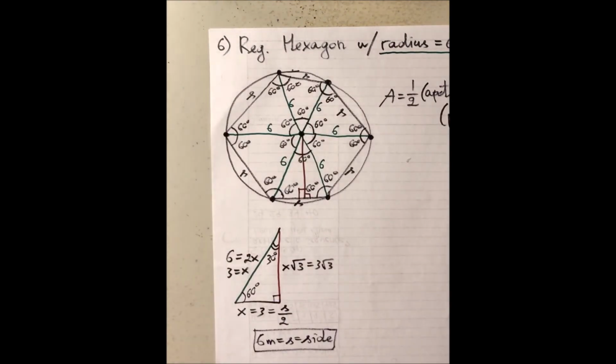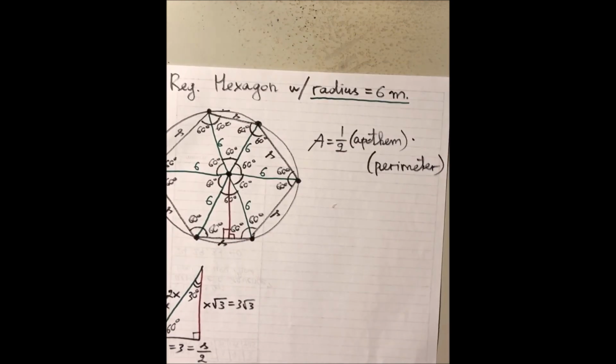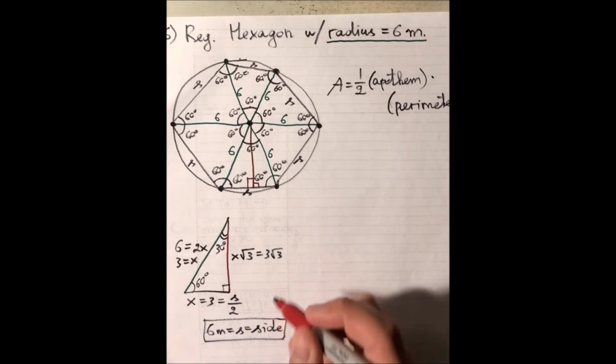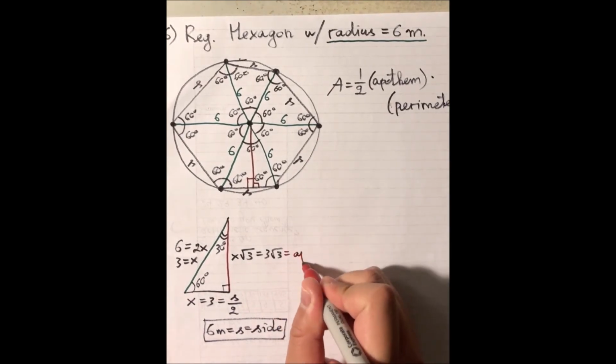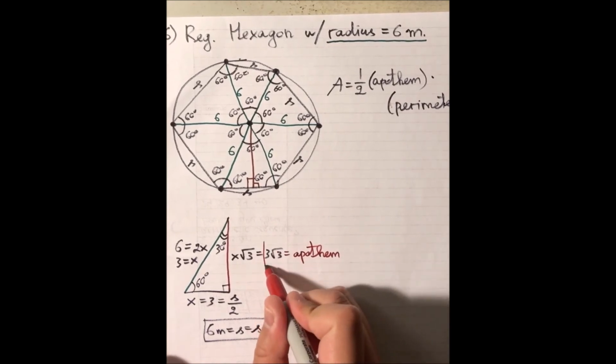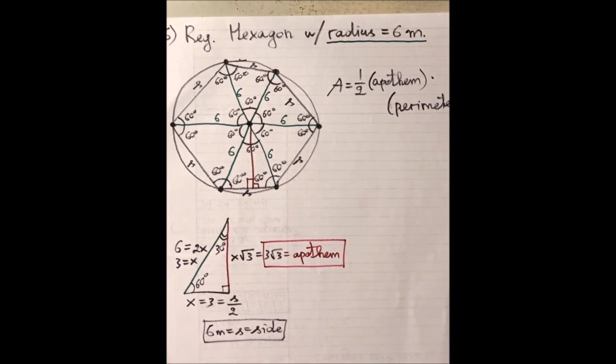With all 6 sides being 6 meters, we know the perimeter is the sum of all of those sides. Note that this right here is the apothem. So we have the apothem in place, and we have the perimeter, 36 meters, in place.